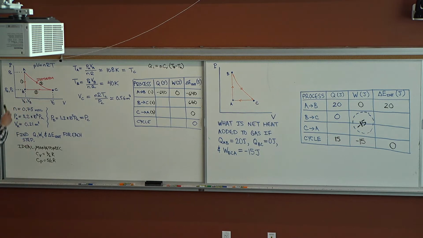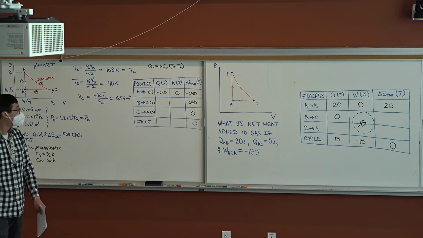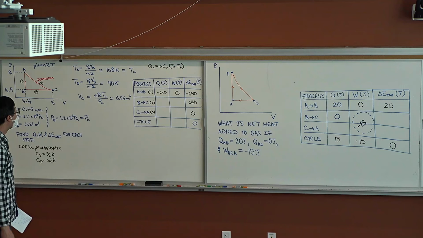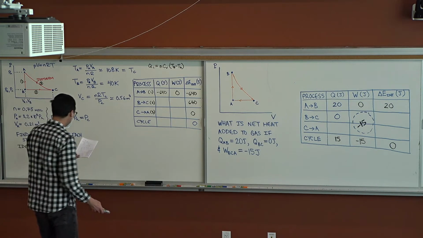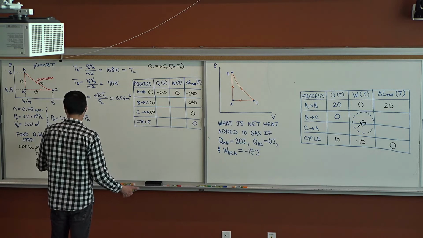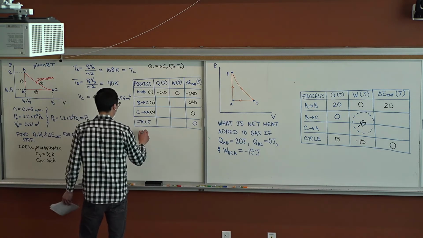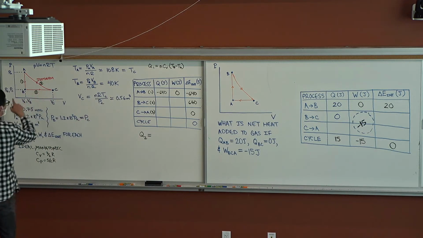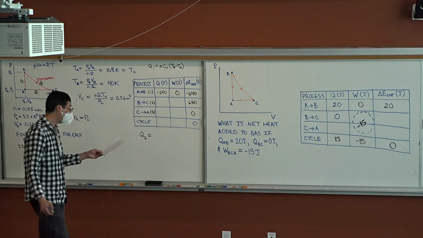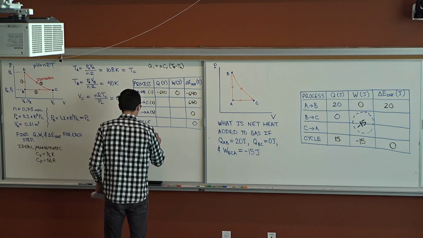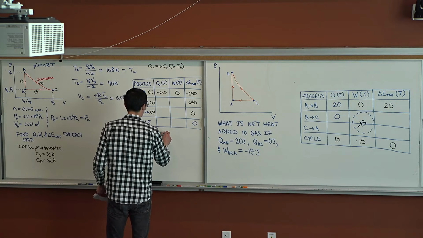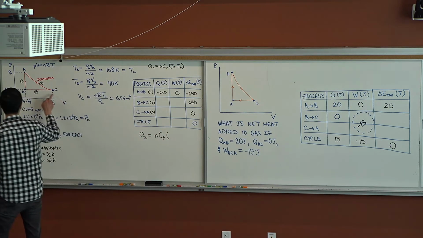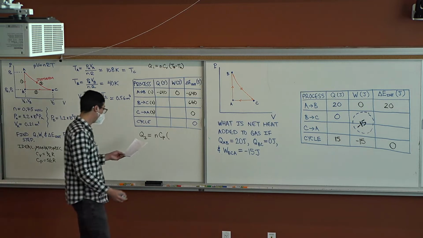B to C, though, that's an isobaric process, right? And so we could say that Q2 should go as nCP delta T, so TC minus TB.